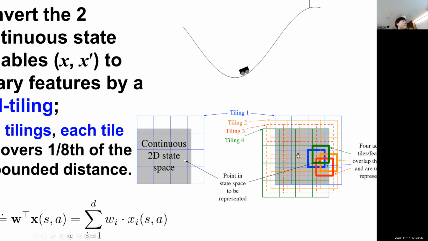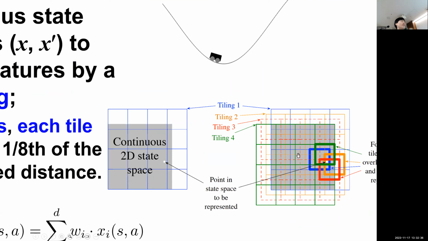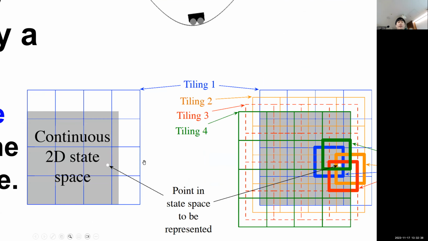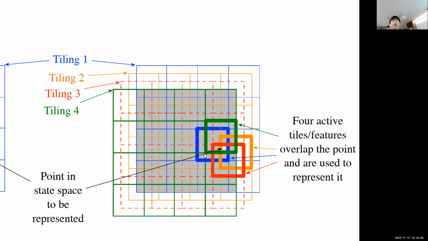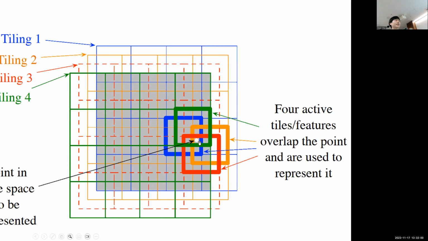As a reminder, recall how we define tile coding. We have this 2D space, and this is one tile. If we just use one tiling, it's similar to the state aggregation we learned before. If we use multiple tilings, we encode the states in this 2D space into multiple tiles.